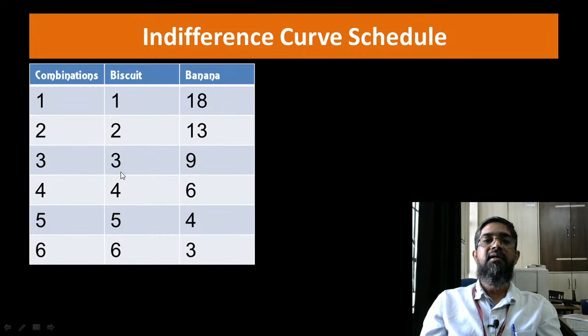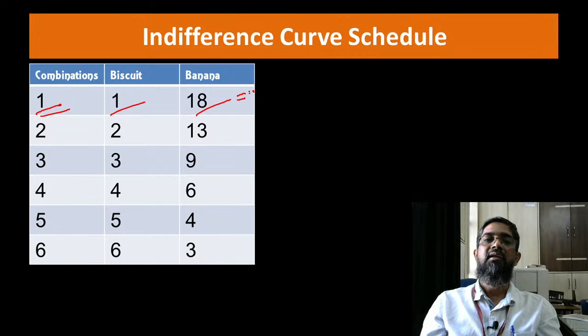This is again an indifference curve schedule which I have shown to you here. You can see here combination number 1. What is the combination? 1 biscuit and 18 bananas. It is giving you some satisfaction, say any satisfaction level, let us assume 100.